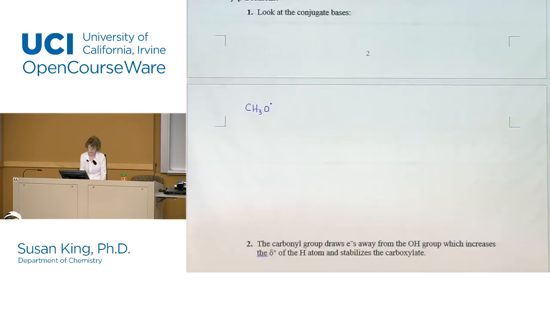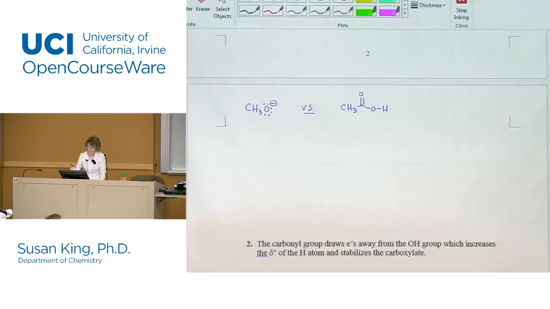Let's look at the conjugate base, methoxide ion. And let's compare that with the conjugate base of acetic acid. Oops, I don't want that protonated.